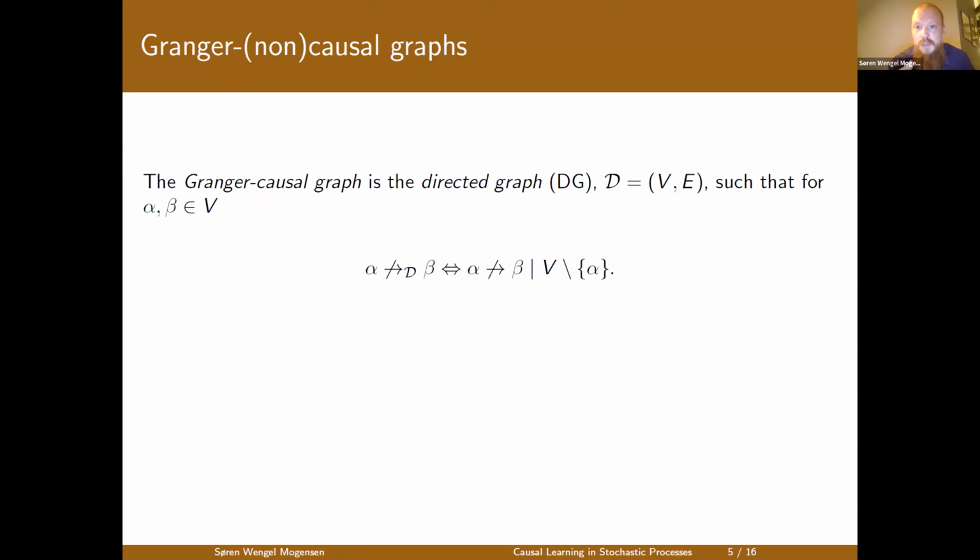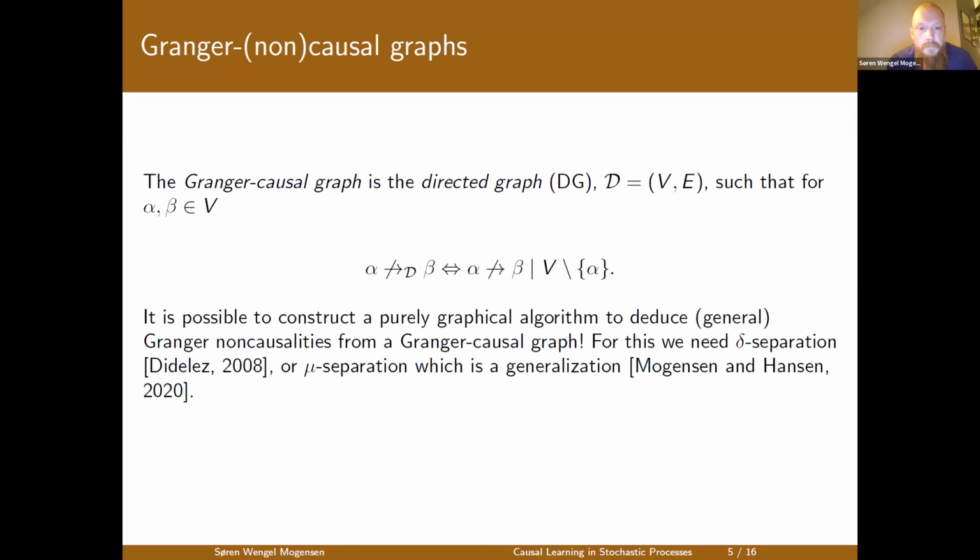So if I'm trying to predict beta at the next time step, and I have all the past information except the past of alpha, then alpha doesn't add anything. In this case, I leave out the edge. And in this way, I construct my graph, and I call this the Granger causal graph.